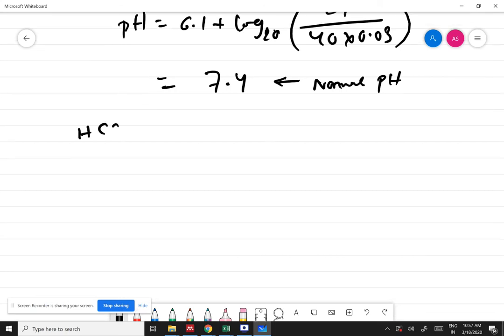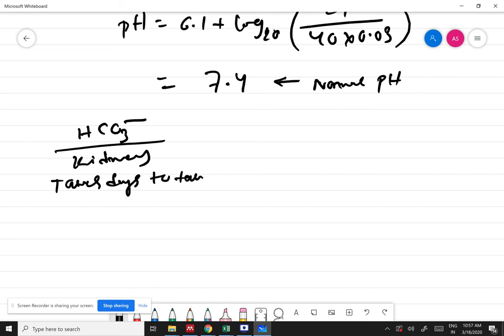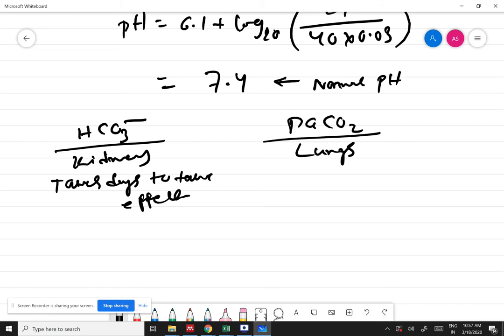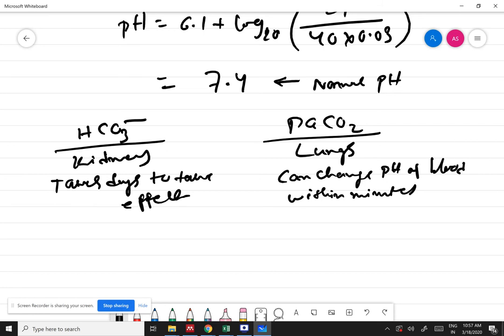HCO3 minus is regulated by the kidneys and takes days to take effect, while PaCO2 is regulated through the lungs and can change the pH of the blood within minutes.